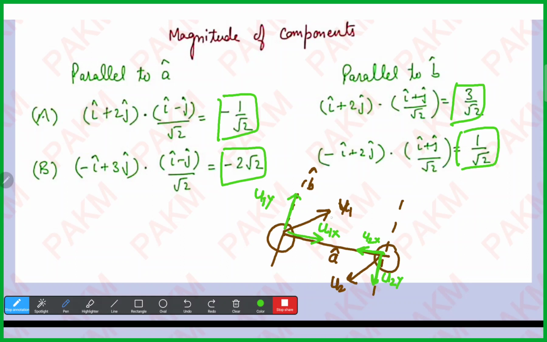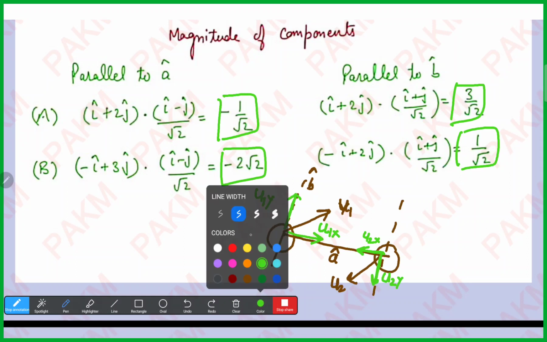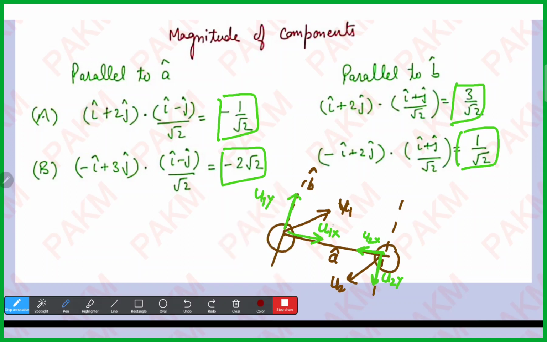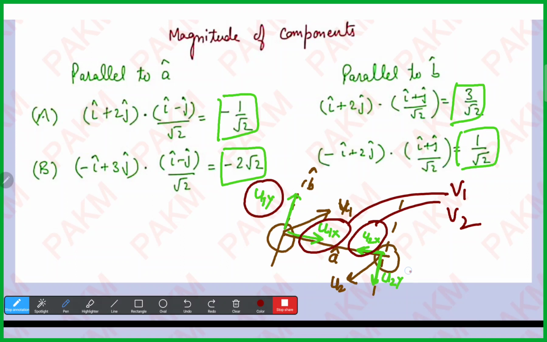Now the important thing is, when the impact takes place, which vector will be affected? Here we can say these two vectors will be affected. So let's say the final velocities along the line of impact will be v1 and v2, because u1y will not change, and u2y will also not change.